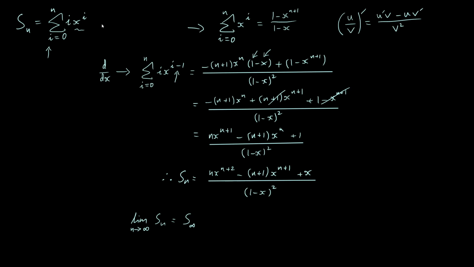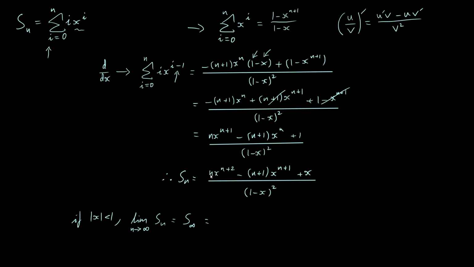Okay, so how can we actually evaluate this? Well, we've got to look at our Sn expression, and I should also note down that this is only applicable if the modulus of x is less than 1, right? In that case, let's look at this first term, nx to the n plus 2.